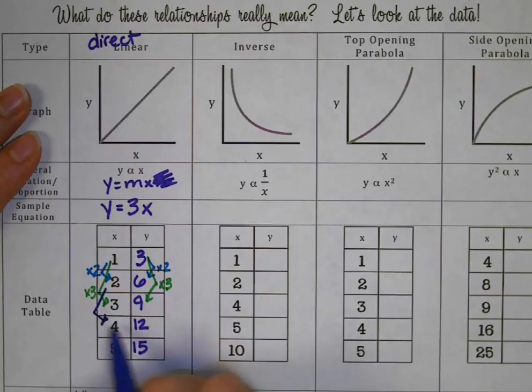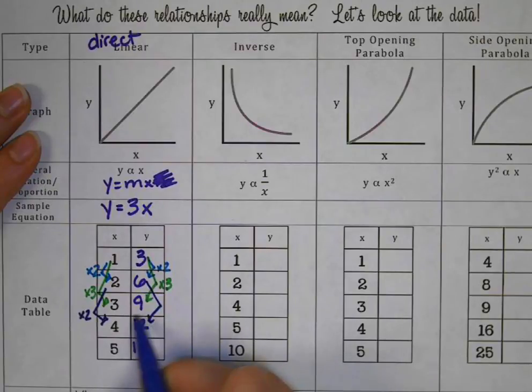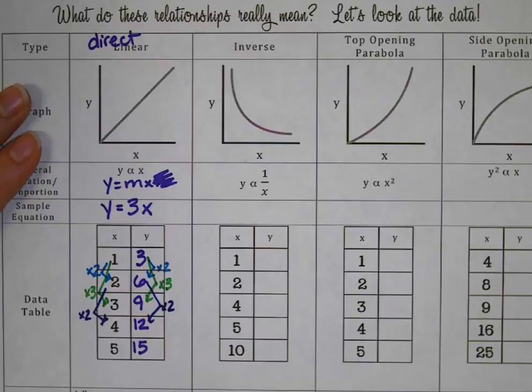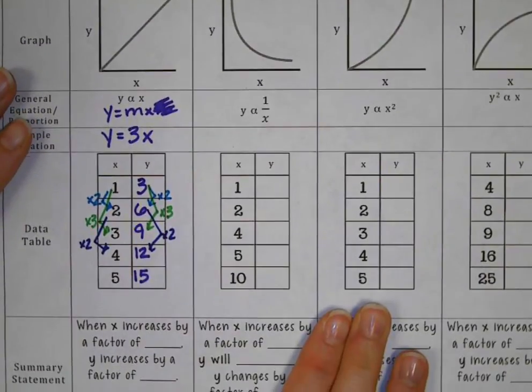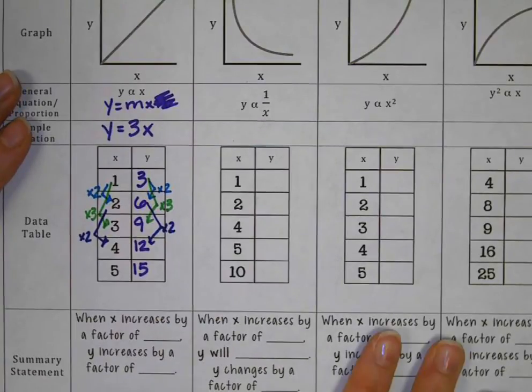From 2 to 4, I change by a factor of 2. And from 6 to 12, 12 divided by 6, how did I get there? You also changed by a factor of 2. It looks as if we have the same factor for both x and y.